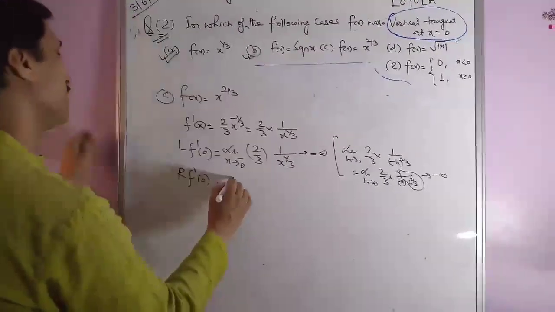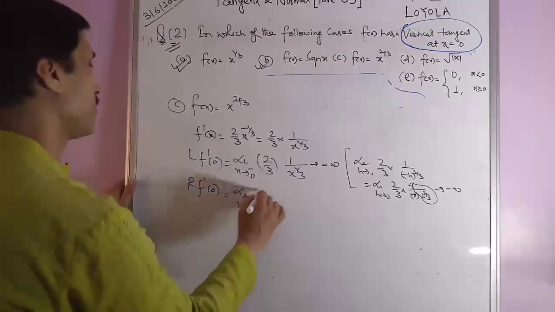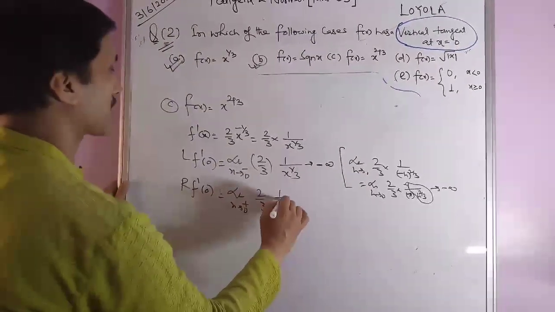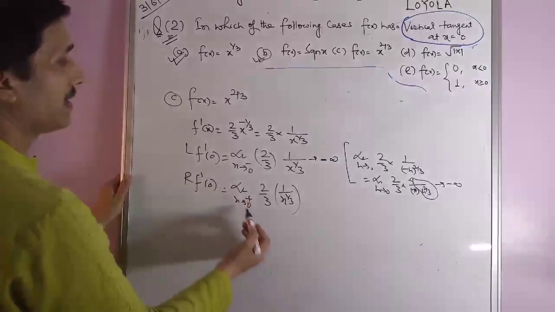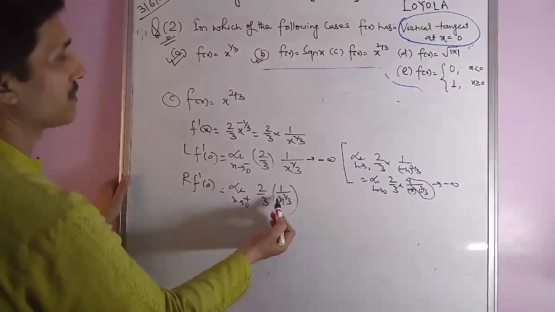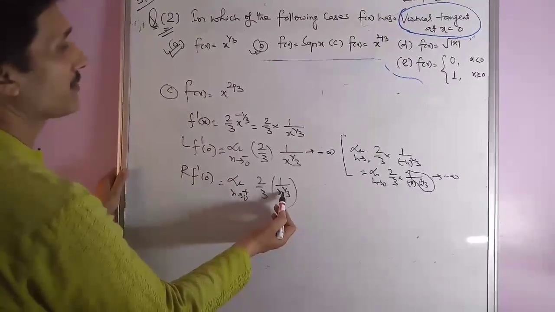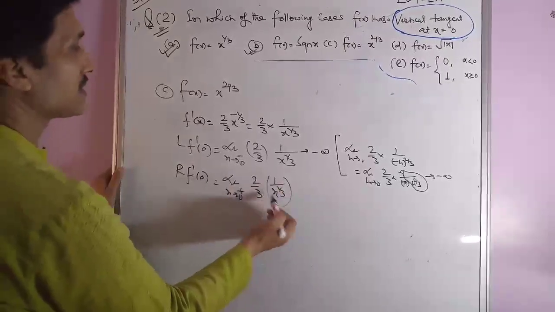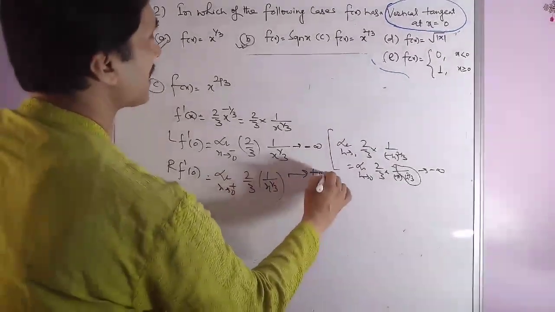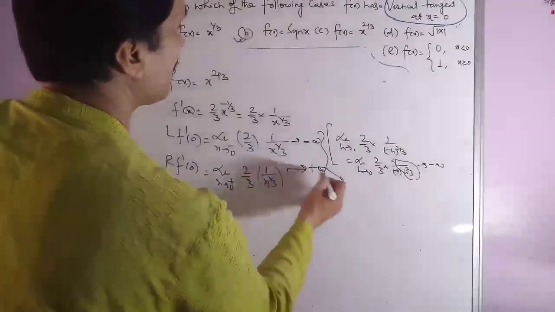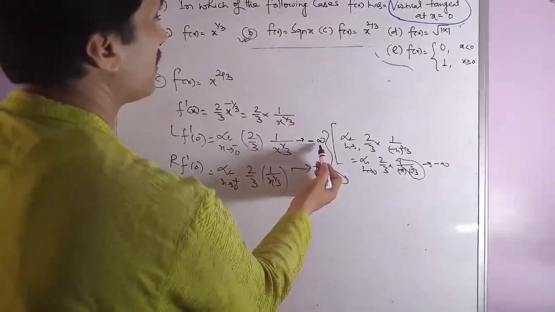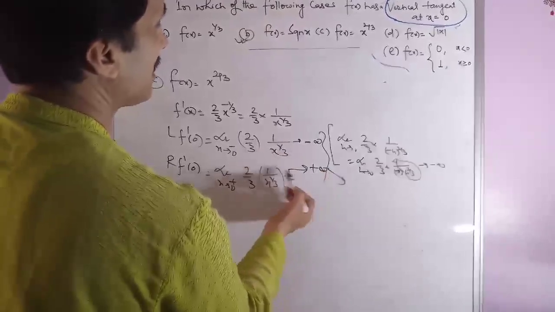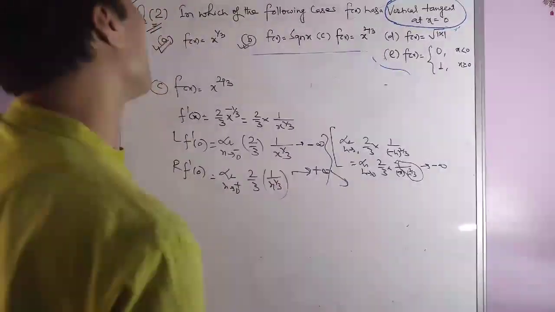R f dash 0, limit x tends to 0 plus, 2 by 3, 1 upon x to the power 1 by 3. Clearly x tends to 0, here x is positive, so this tends to 0 from the right side of 0, so this tends to plus infinity. Here it is different: the left hand derivative tends to minus infinity and the right hand derivative tends to plus infinity.